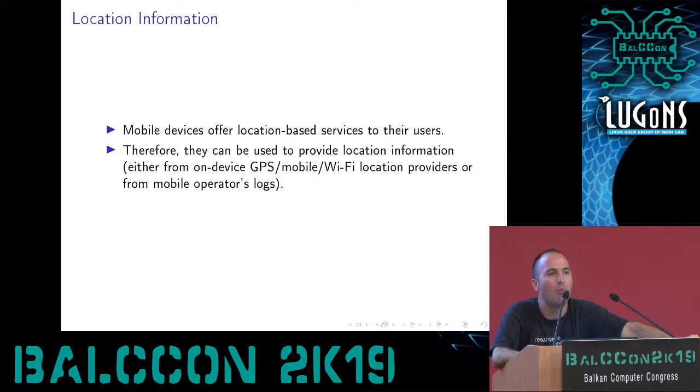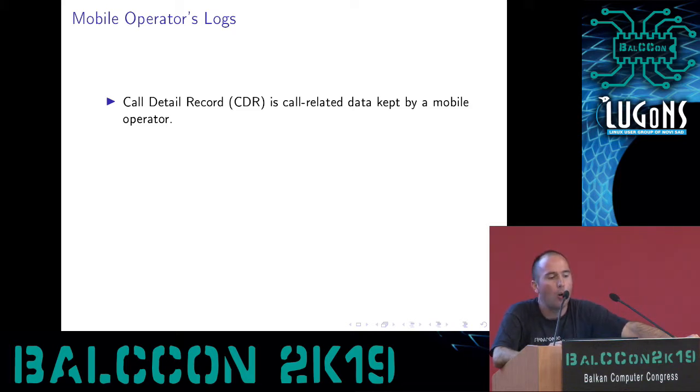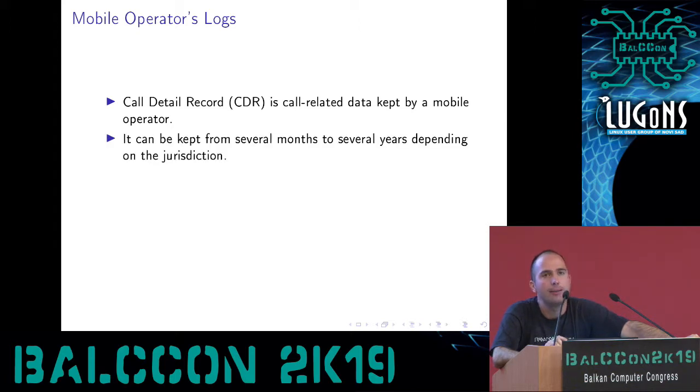That information is usually provided by on-device providers, either GPS or mobile or Wi-Fi networks, but also if we have connections with mobile operators or via the police, we can get mobile operator logs and extract location information from there. So each mobile operator keeps call-related data of each subscriber. That data is kept for various periods of time, depending on the country.